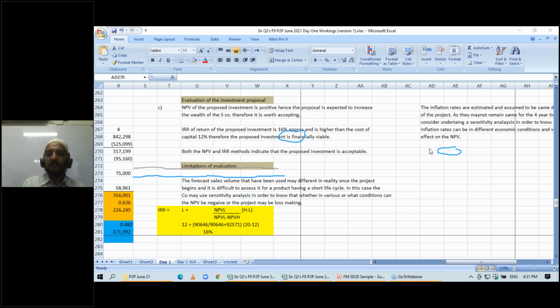Okay. So one more point we write over here. The company also assumes that it has spare capacity and the fixed cost is constant.